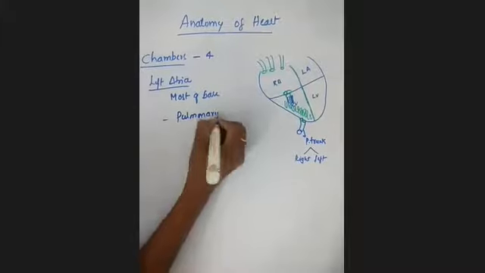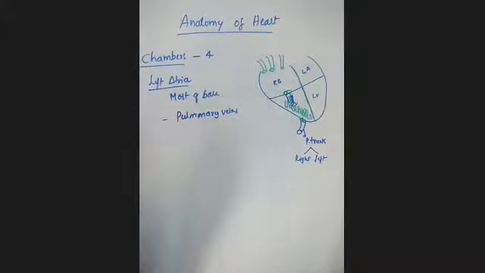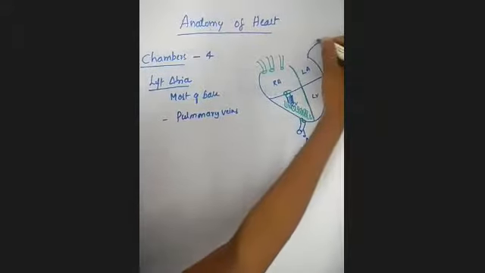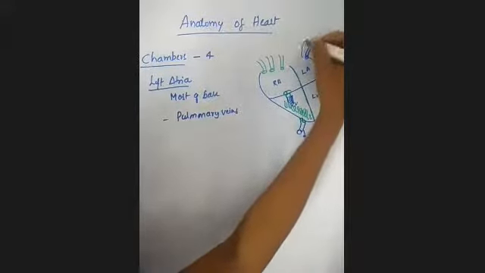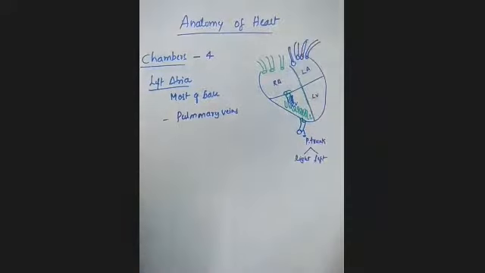Mainly it receives blood from four different veins, and those four are called the pulmonary veins.